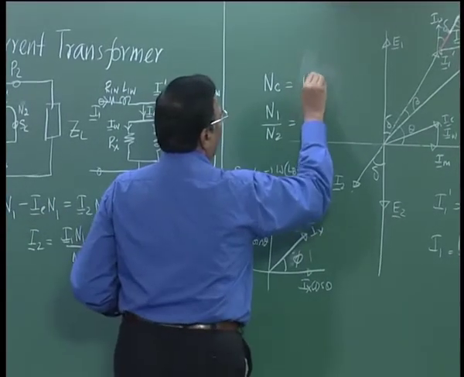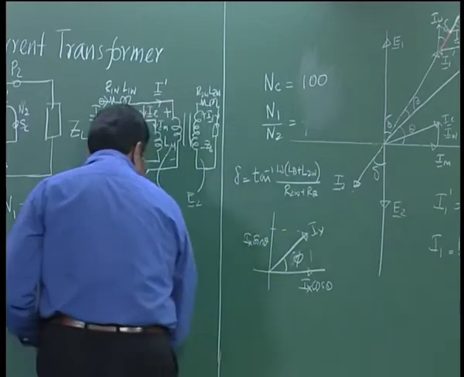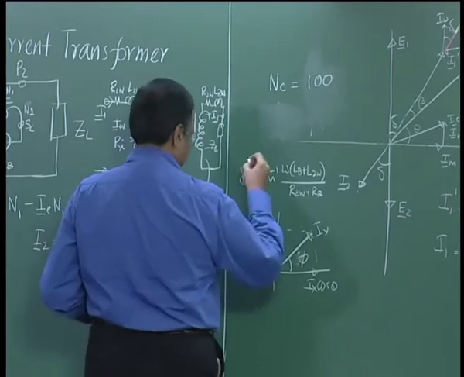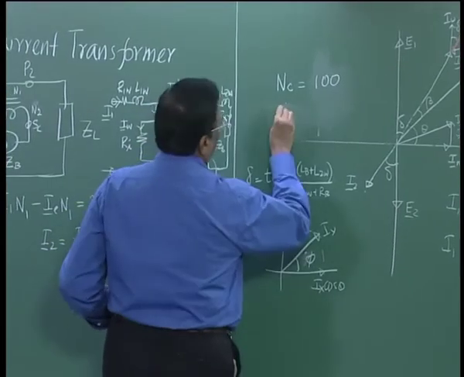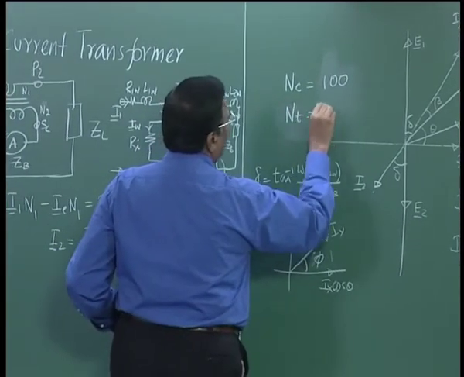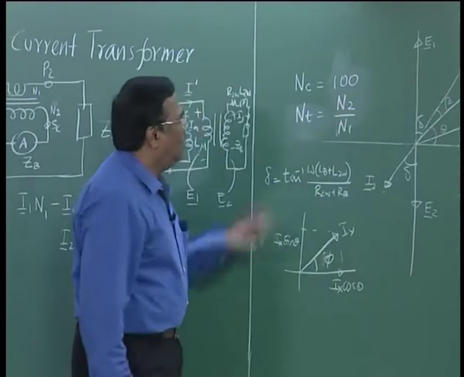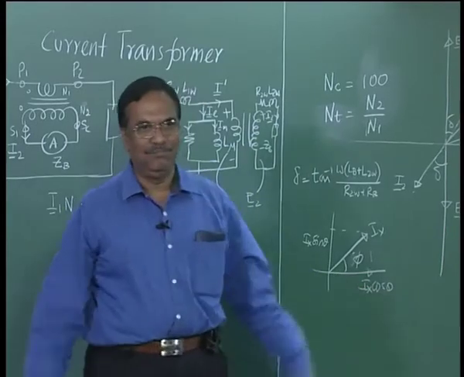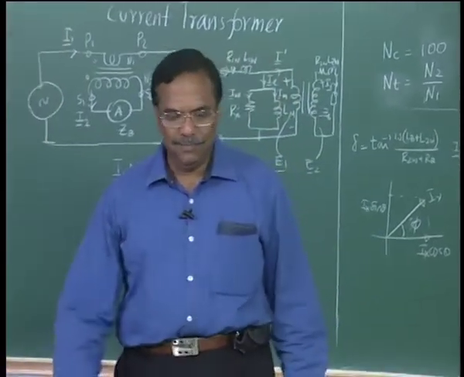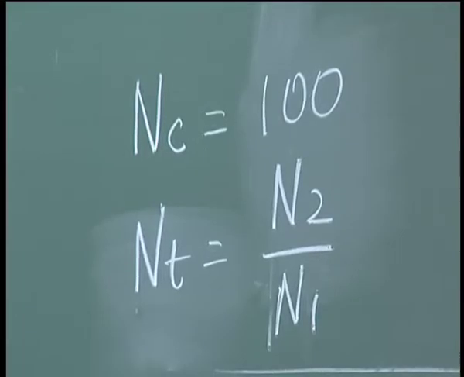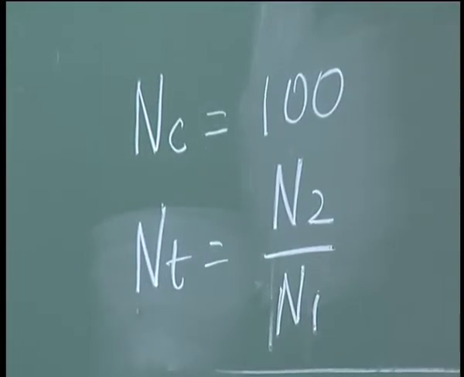I make this as 100 and please correct this. Nt is equal to N2 by N1. Normally, Nt and Nc must be equal. Okay. So, what is the measured value?